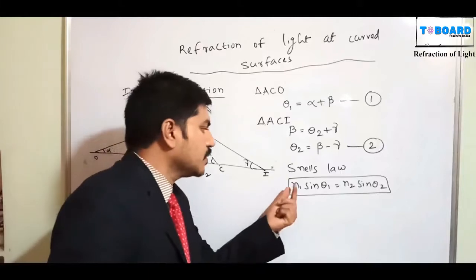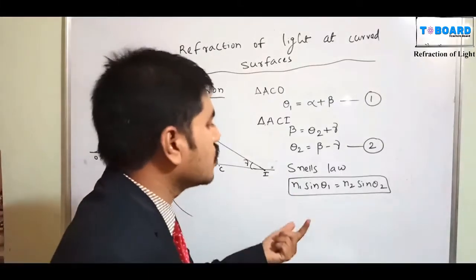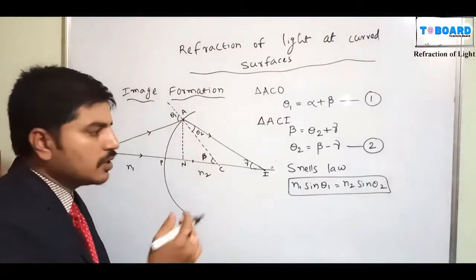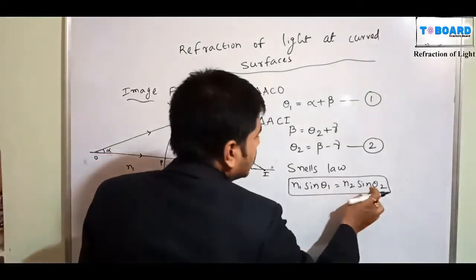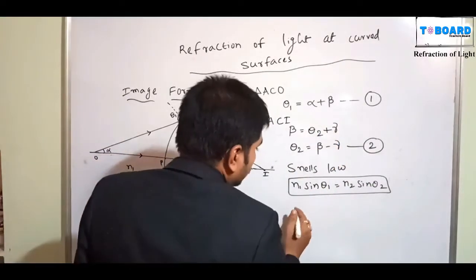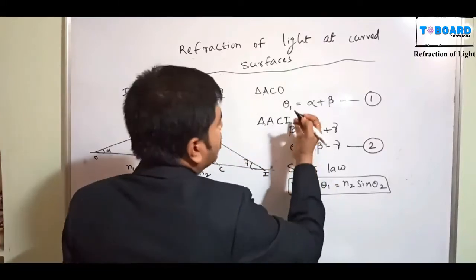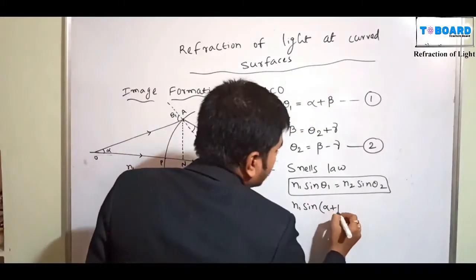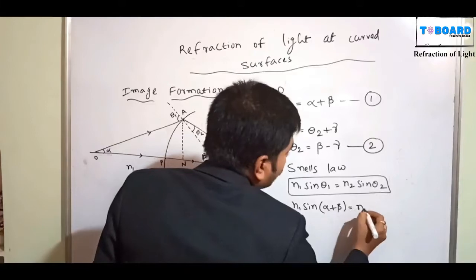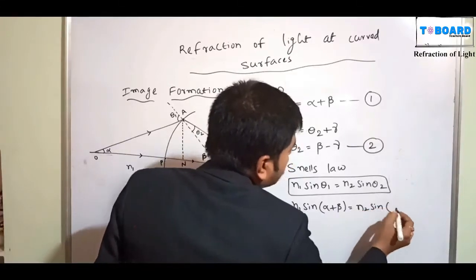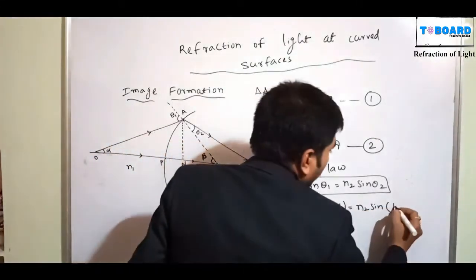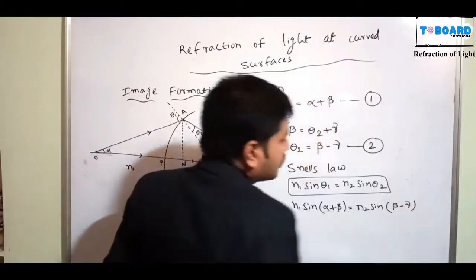Here I am going to substitute the theta 1 and theta 2 values in this equation. Theta 1 is alpha plus beta, and N2 sine theta 2 is sine of beta minus gamma.